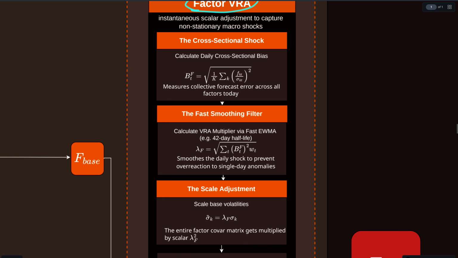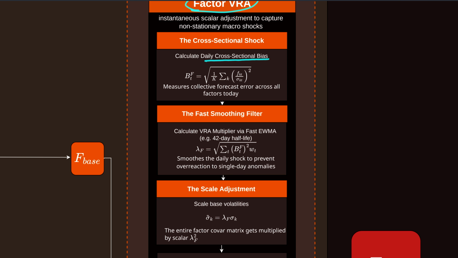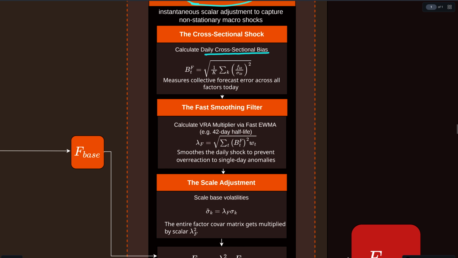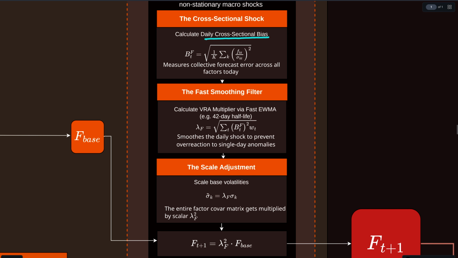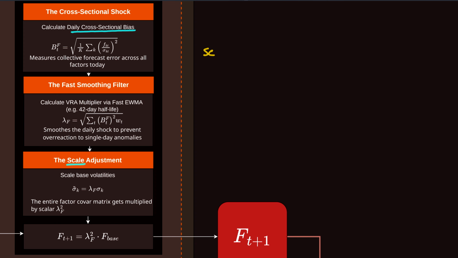So for the VRA, as you can see, we calculate daily cross-sectional bias statistics. And by the way, this is the same metric I briefly referred to earlier when I was talking about the feature factory. So we calculate daily cross-sectional bias statistics to generate regime multipliers that instantly scale the covariance structure.